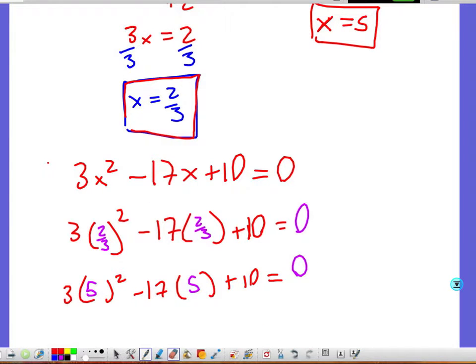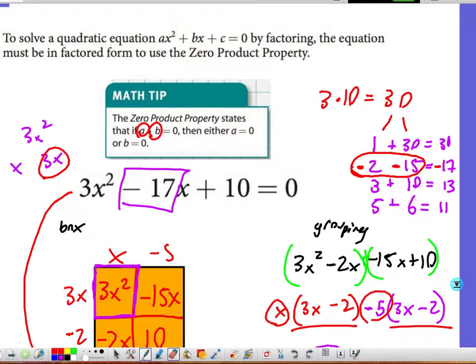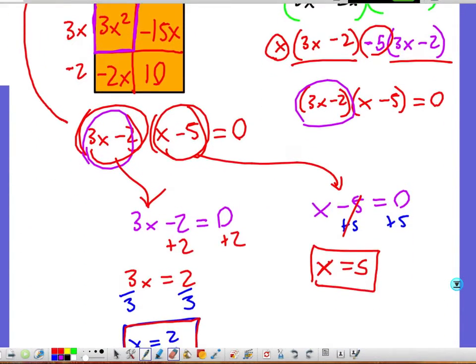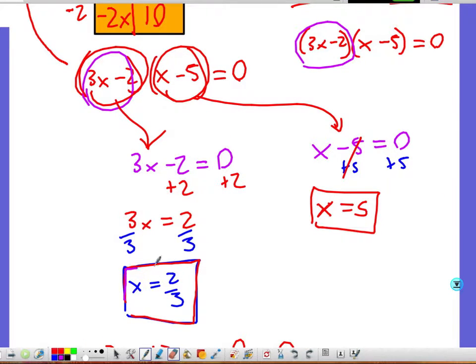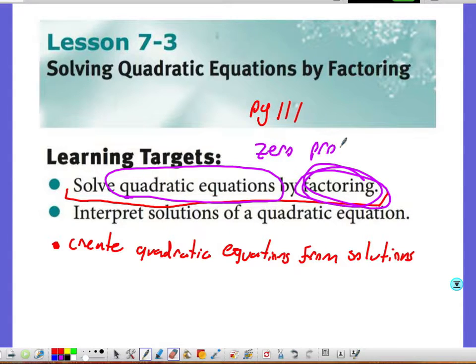Can you see that, beginning from lesson 7-2, using factoring, basically the purpose of factoring is to help us solve the equation. So here's what we did. We took a quadratic equation and we factored it, and once we factored it, we were able to use the zero product property to find the solution.